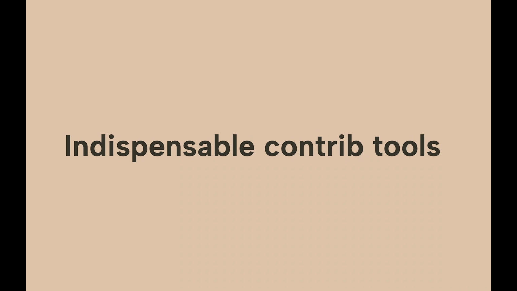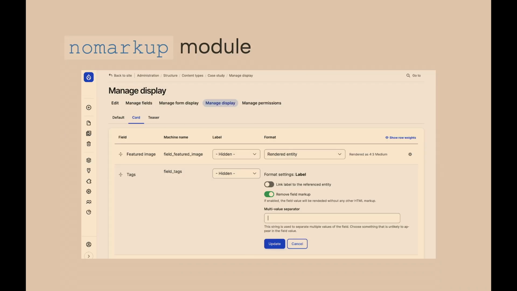So also, there were some contrib tools that I found really helpful in building out a full theme using single directory components. The first is the No Markup module. There have been many variations on this kind of concept throughout the years, but this is definitely a really great implementation of it. It allows you to strip basically all the wrapping markup from a field.